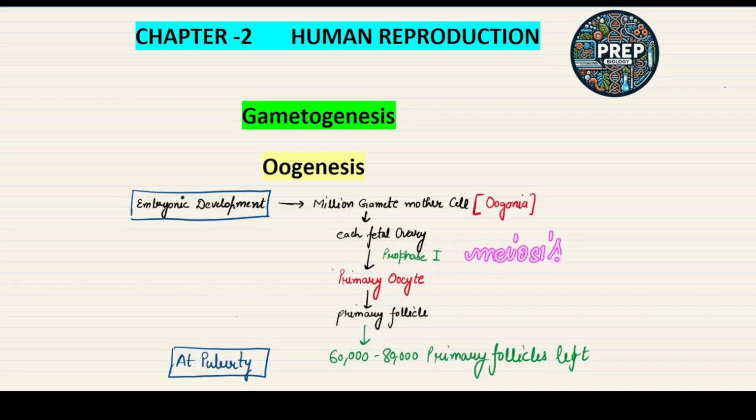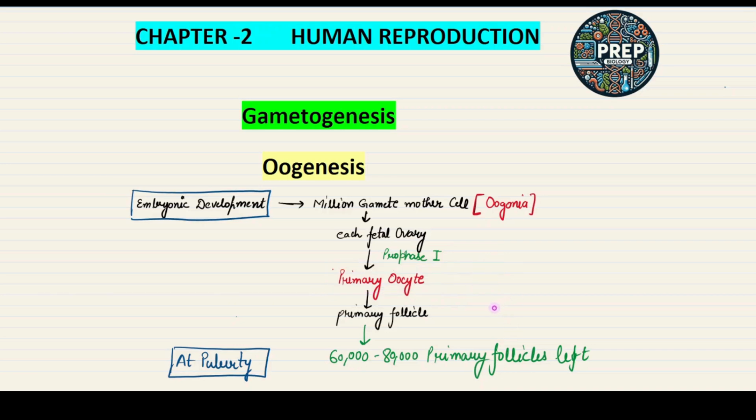When it arrests, the oogonia turns into the primary oocyte. So the oogonia will turn into the primary oocyte when it arrests in prophase 1 of the meiotic division. That structure is called the primary oocyte.